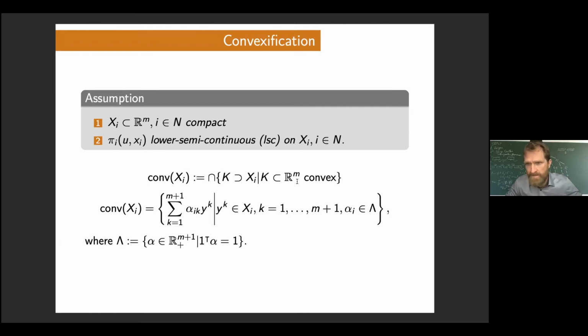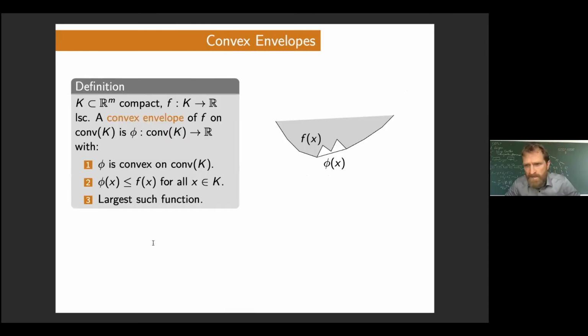This is Carathéodory, and this allows us to represent this convex hull of Xi as this set here. This is the set spanned by all these convex combinations of at most n plus 1 points. And this capital lambda is defined below. You see it.